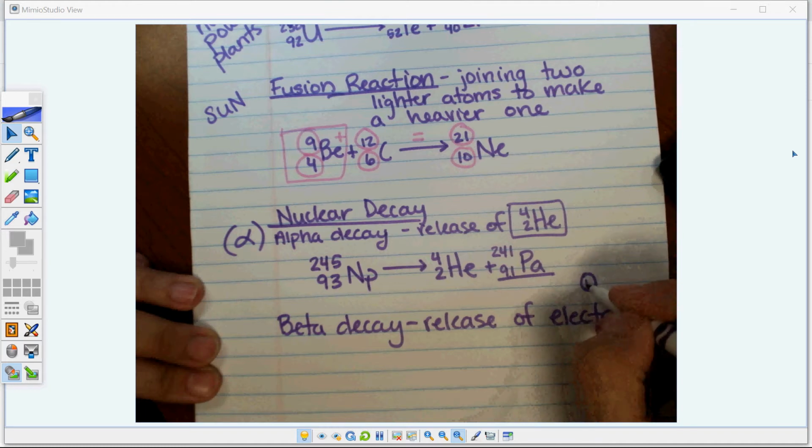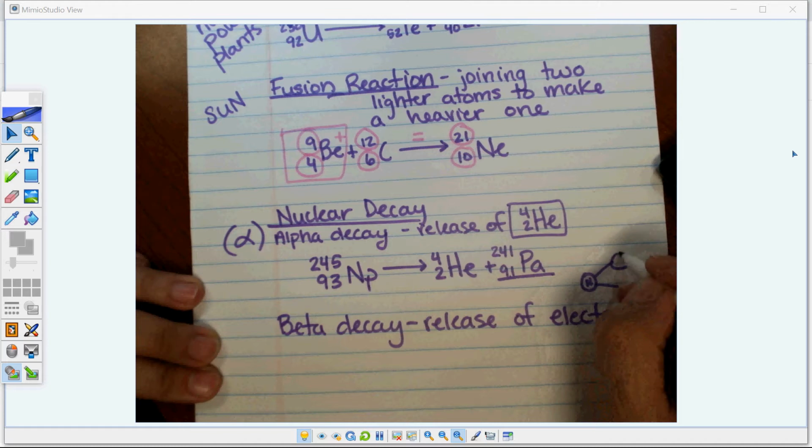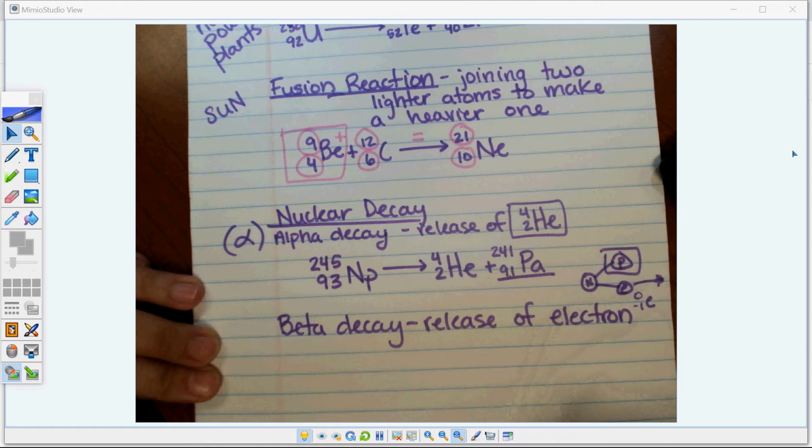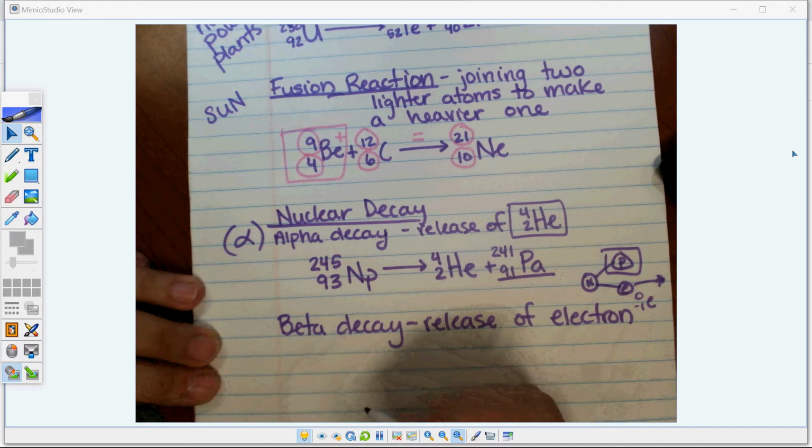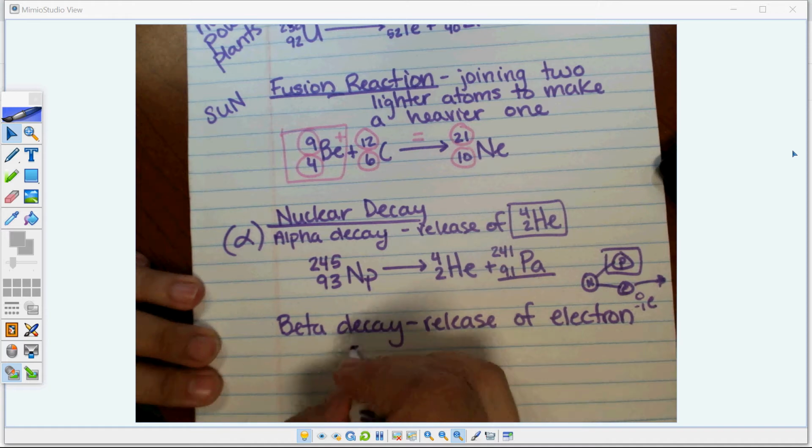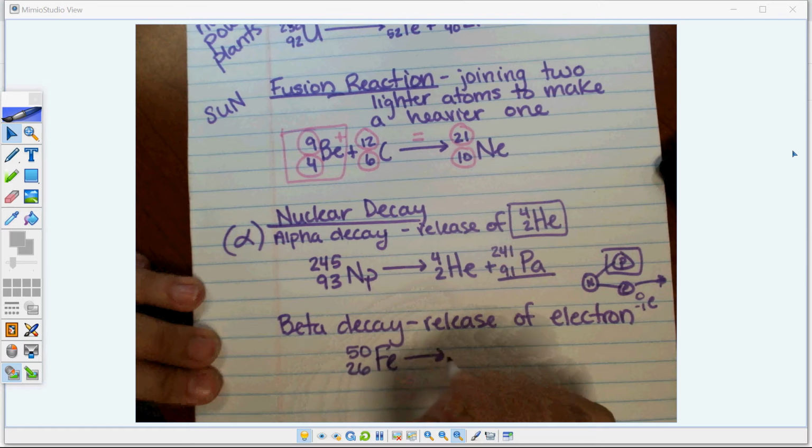So if this is a neutron, it would split into a proton and an electron. The proton stays in the atom and the electron flies off. And so we have to increase our number of protons because we're gaining a proton, but the electron is being lost. And so that's why we write it like that. So an example of beta decay in action would be if I have this atom of iron and it goes through beta decay.